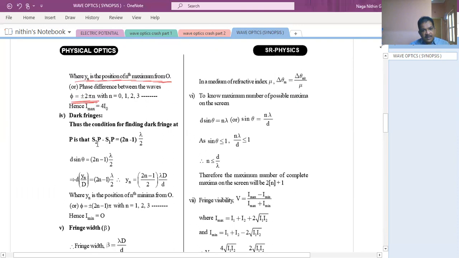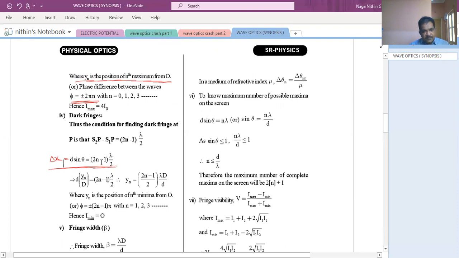To get the dark band at the point P, what is the path difference? Delta x is equal to (2n minus 1) into lambda by 2.